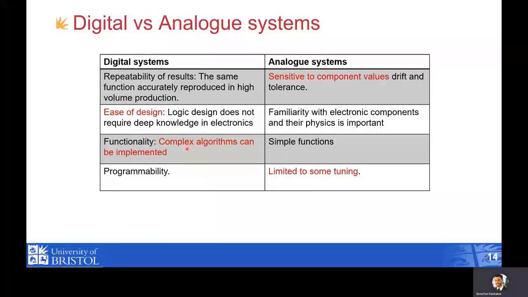When it comes to functionality, analog systems are suitable for very simple functions, whereas with digital systems, you are capable of constructing complex algorithms that can be implemented with a digital system. And this is also associated to the ability that you got to program a digital system. Whereas in an analog system, you are limited only to some tuning of the parameters.